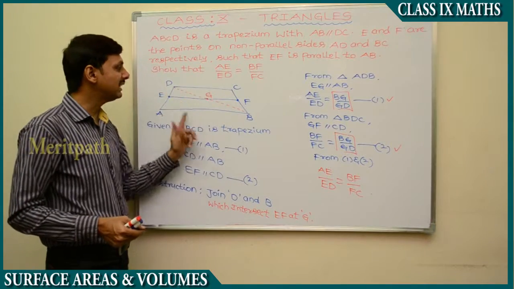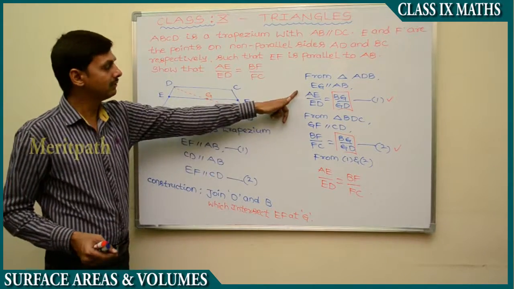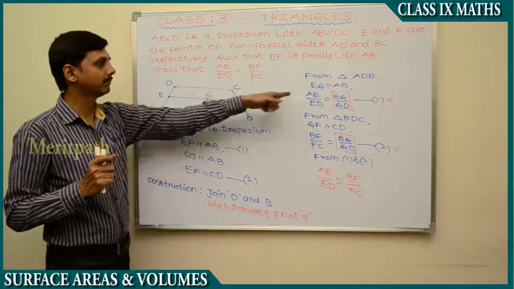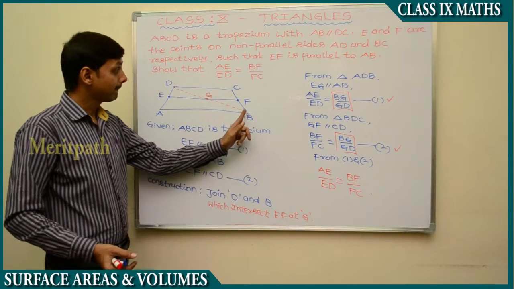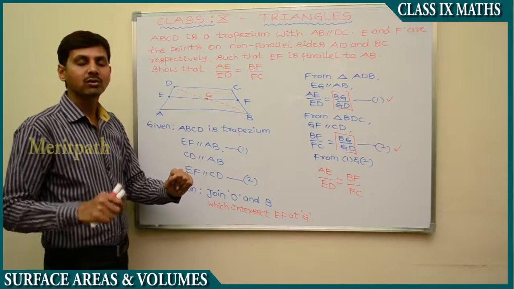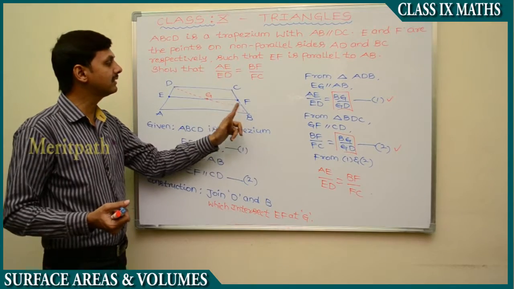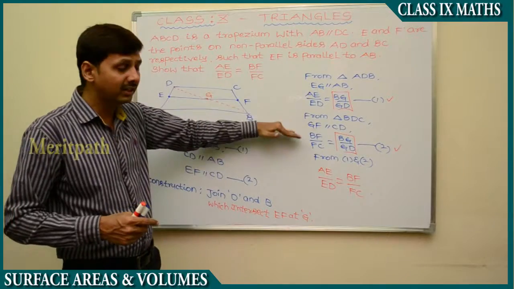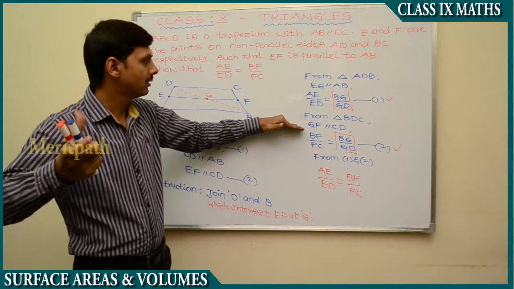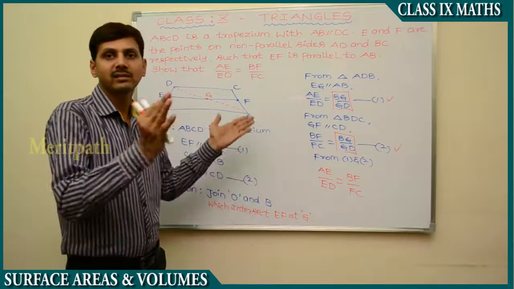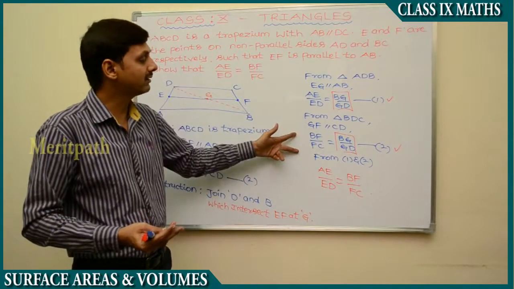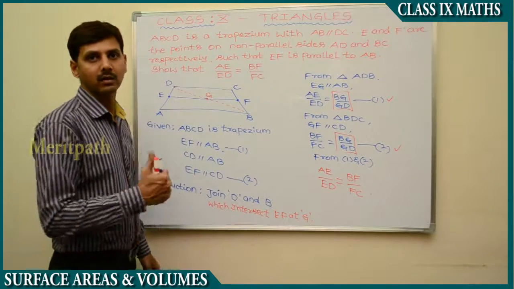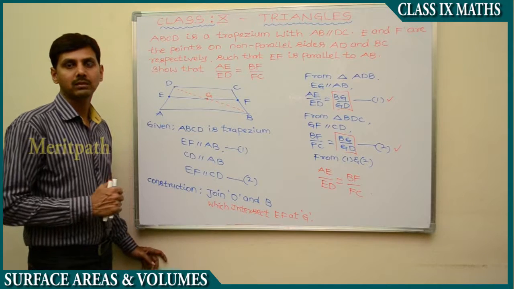When ABD is taken, we use the BPT: AE by ED is equal to BG by GD. Next, in triangle BDC, we also use the BPT: BF by FC is equal to BG by GD. So from the first and second equations, the right hand side parts are equal, so the left hand side parts are also equal. That is, AE by ED is equal to BF by FC. So this is the problem. Let's go to the next one.